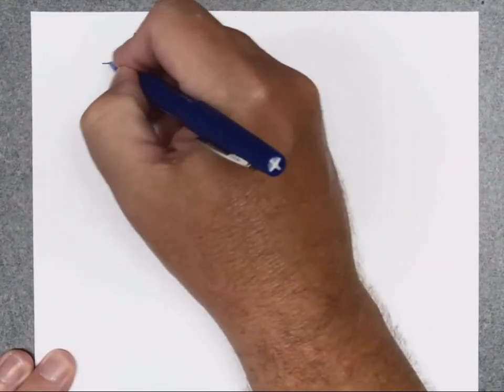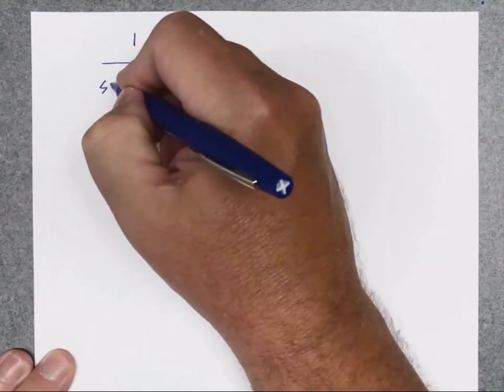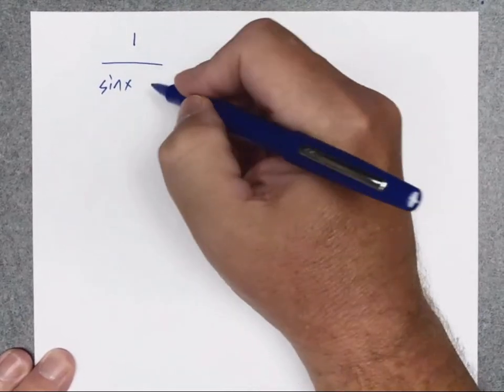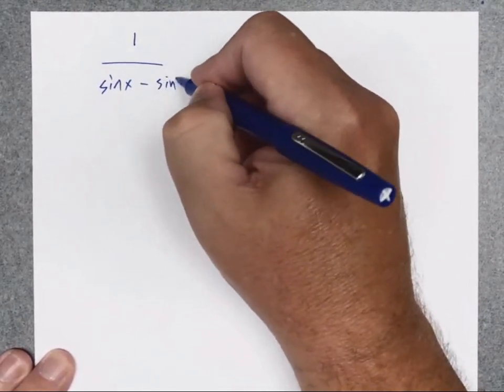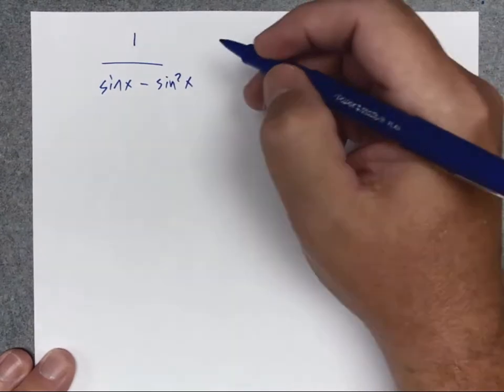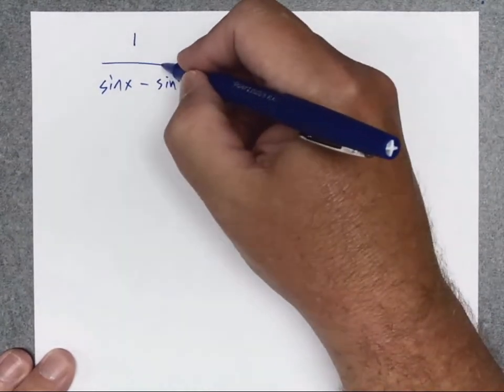This is an example where you actually can do factoring to help you. Now I said most of the time you just work on one side and try and get it to equal the other side. But there are times when you can actually work on both sides and try and make them equal each other.